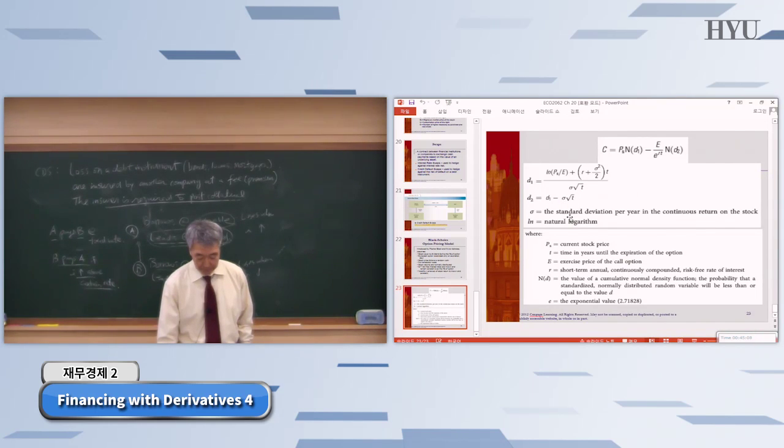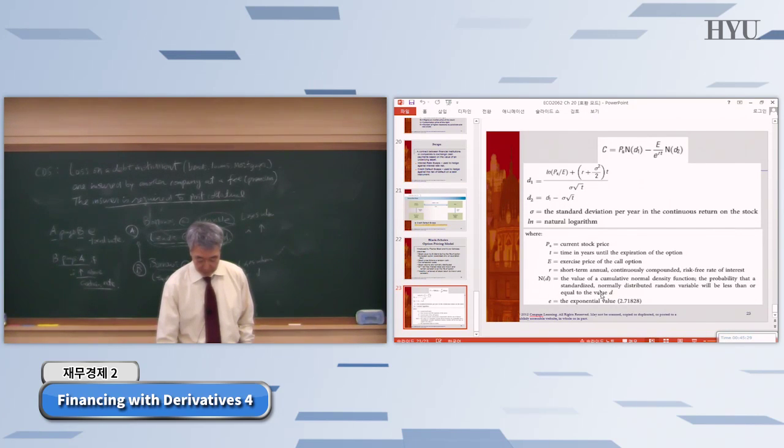Okay. And here, what is N? N is the value of a cumulative normal density function. The normal density function itself is quite complicated. I'm sure you know, right?